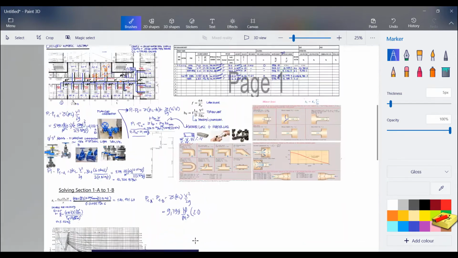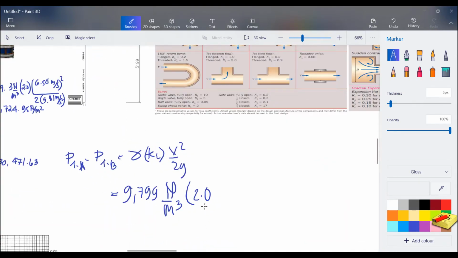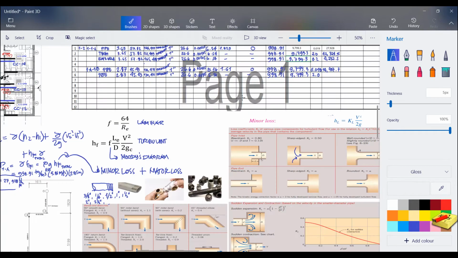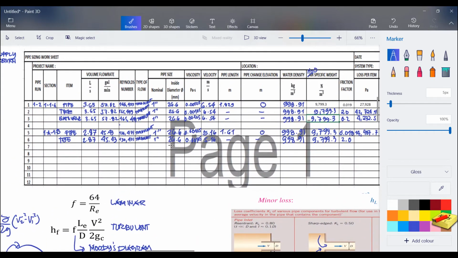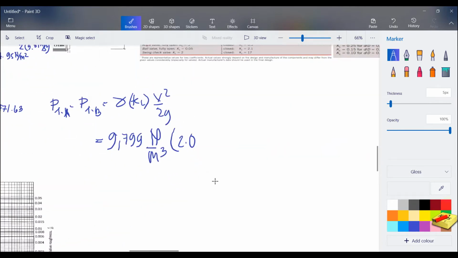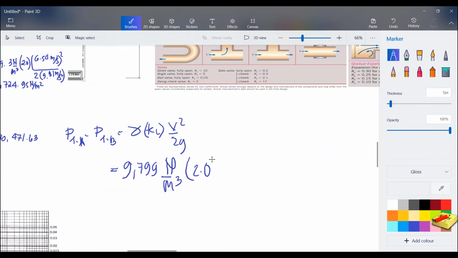It's 2.0 with the velocity of 5.16. So we have velocity of 5.16 meters per second squared divided by 2 times 9.81 meters per second squared.